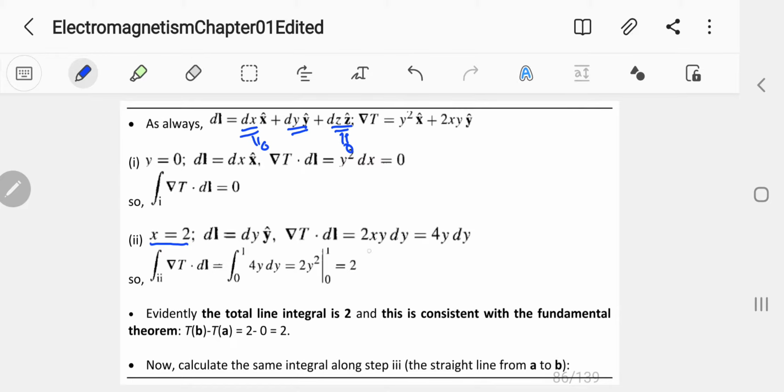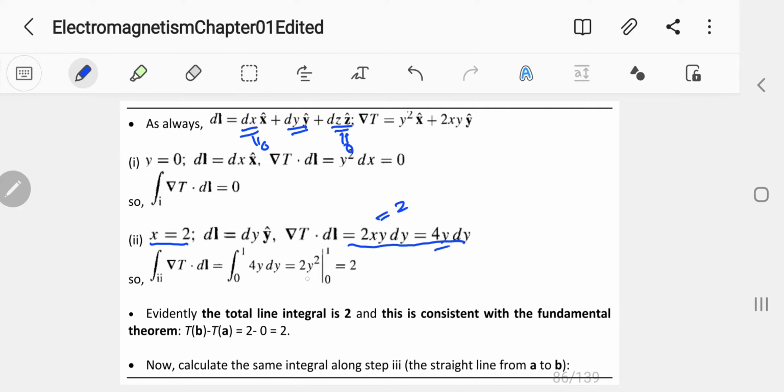And so you have this one here, and your integral of the gradient of t dot dl would be, by the way, y goes from 0 to 1, and in this case you also have x equal to 2, so 2 times 2 equals 4y dy.